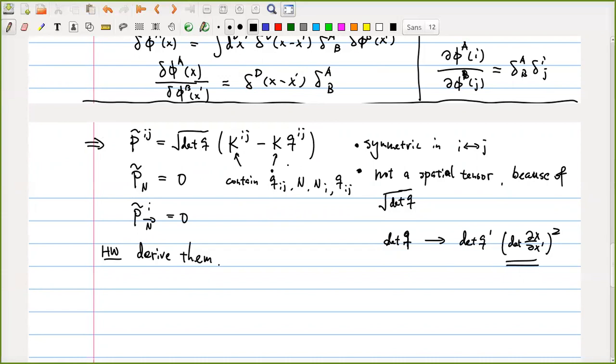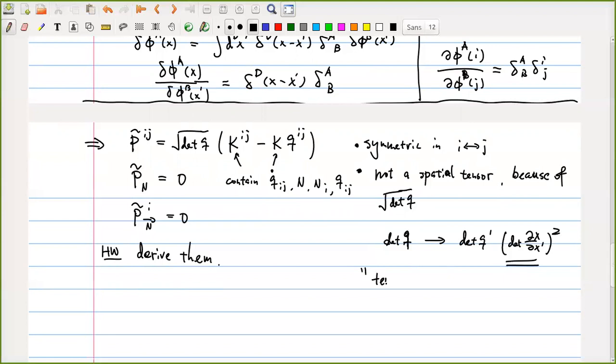But it has a prescribed way of transforming. You just add to the tensor transformation a prefactor, which is a determinant of Jacobian. So it still transforms in a nice way, in a prescribed way. And this quantity is actually called a tensor density.